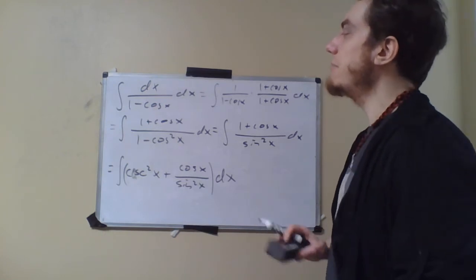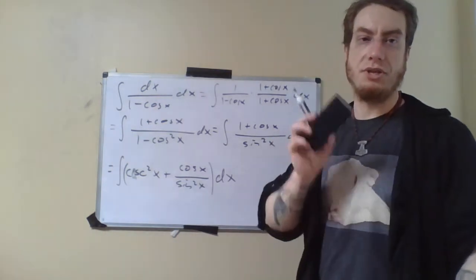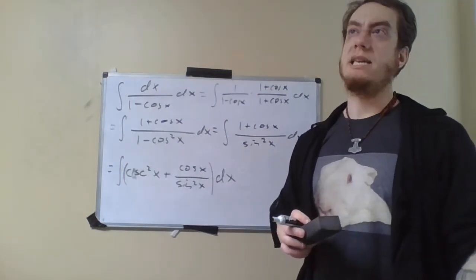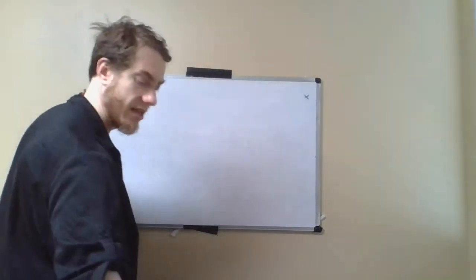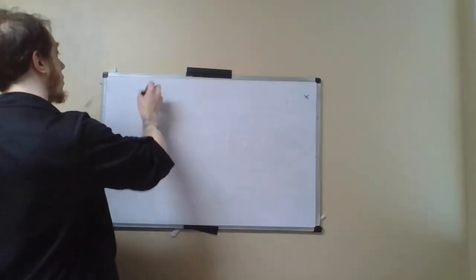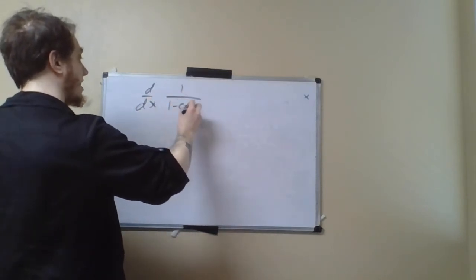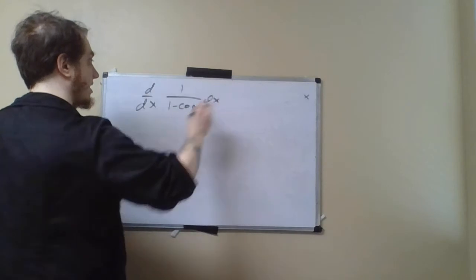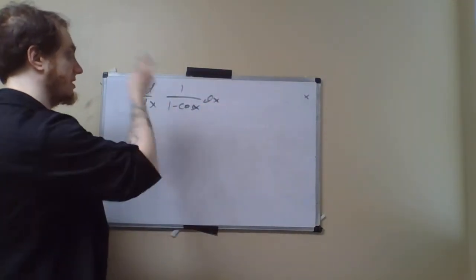But the other problem is that with derivatives, it's always obvious what rule to use. If I write down an example, if we had been wanting to take, say, the derivative of 1 over 1 minus cosine x, it would be really easy to know what rules to use. We actually have two choices.